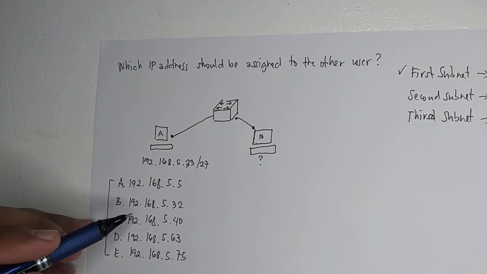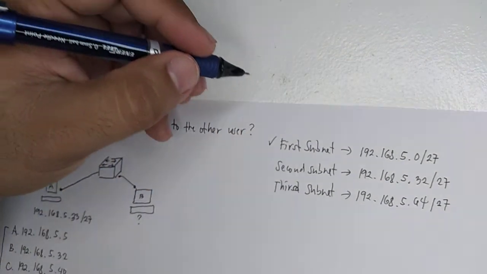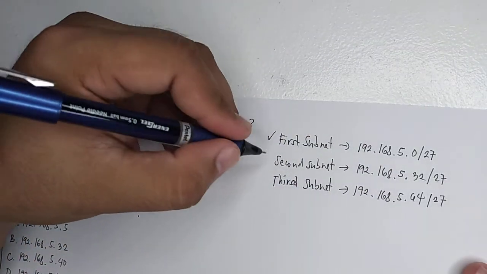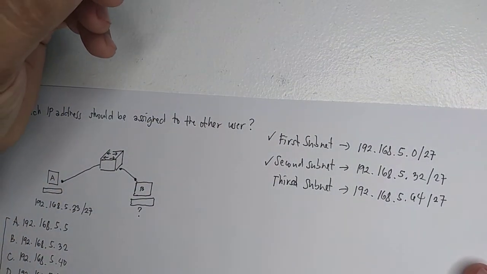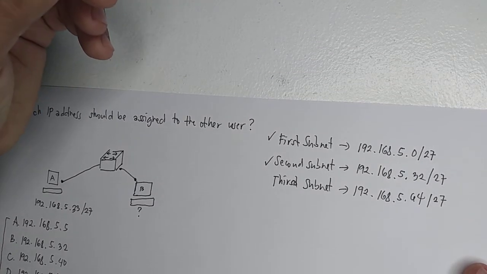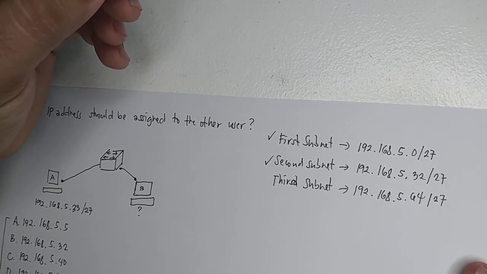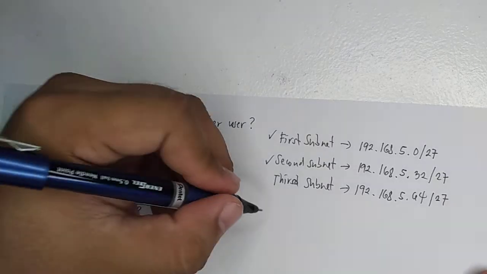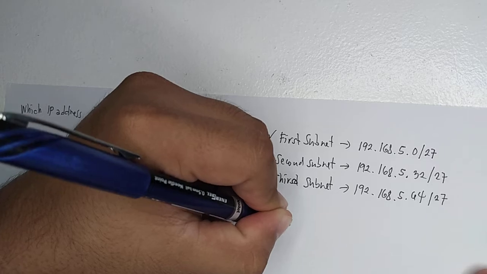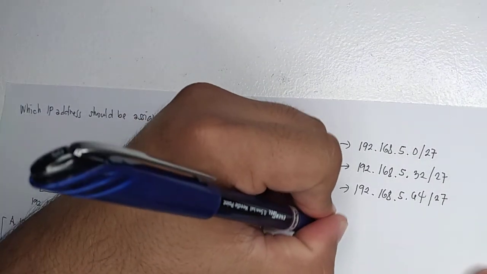Is it 192.168.5.32? Let's check. It belongs to 192.168.5.32/27. The question is, is dot 33 part of our address? In the second subnet, we have 192.168.5.32 as our network address.